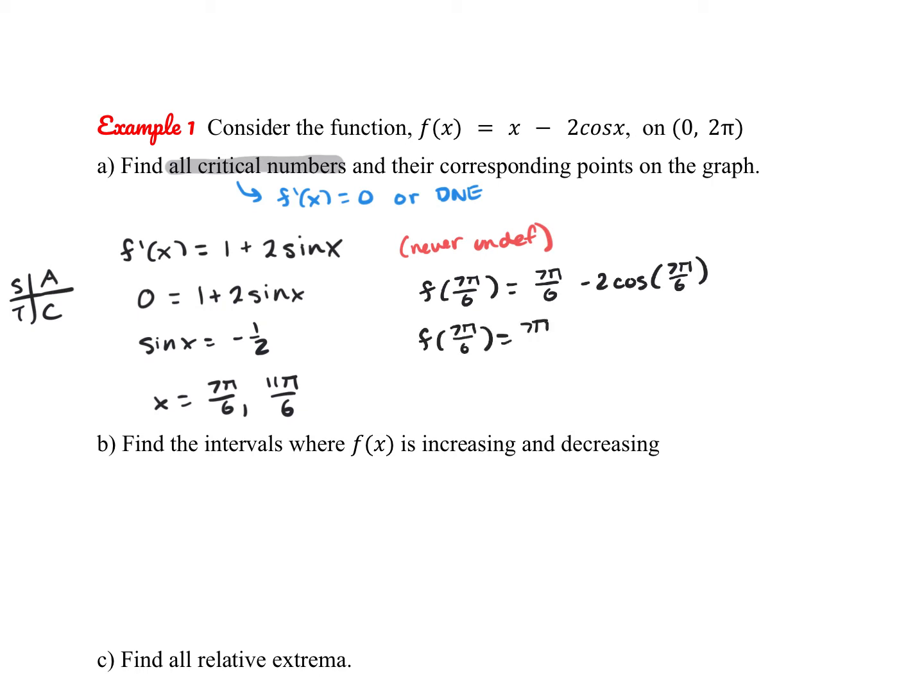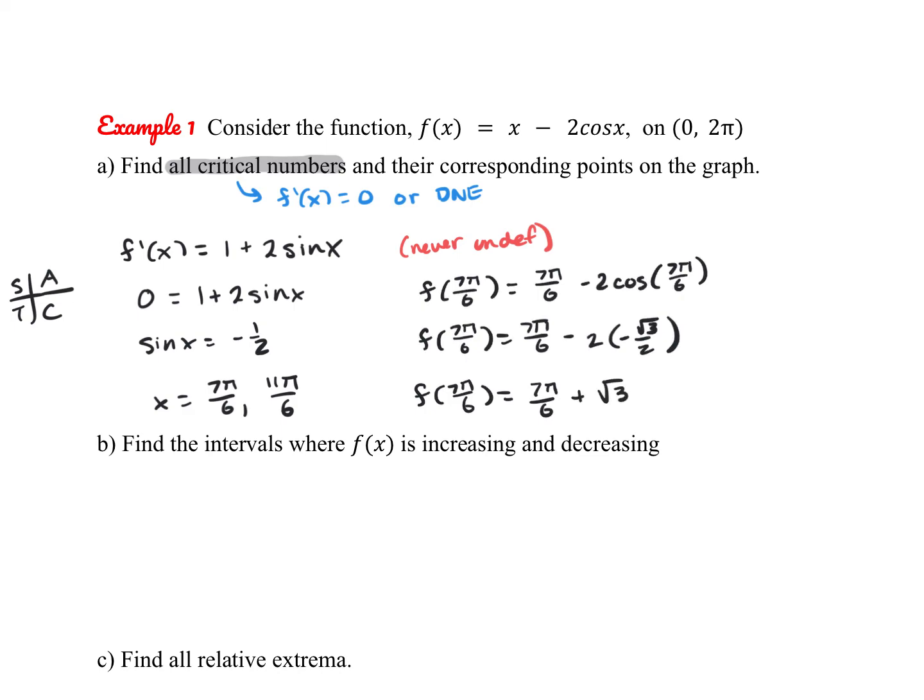So 7 pi over 6 minus 2 times the cosine of 7 pi over 6 is going to be negative root 3 over 2. So if we simplify that, we would just get 7 pi over 6 plus root 3.